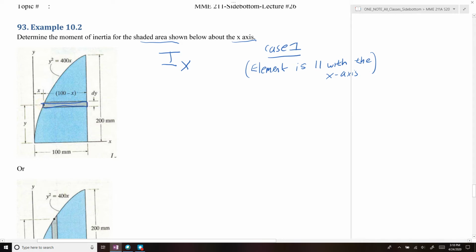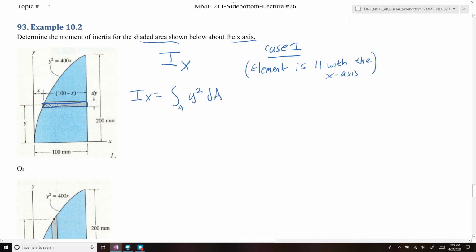All right, so for that equation, we know that I of x would be equal to the integral of y squared dA. So we need to first define what our dA is equal to.